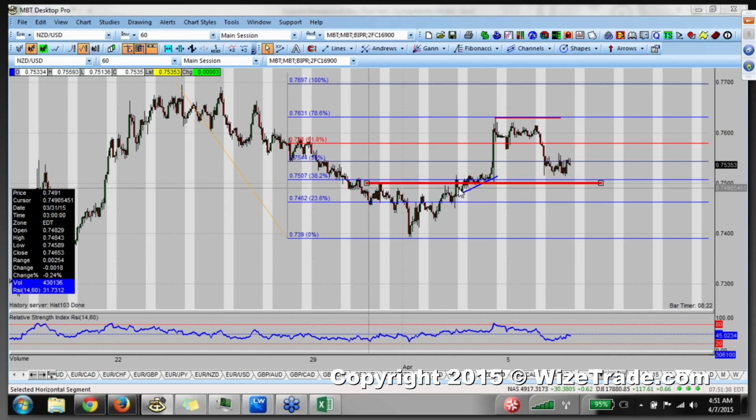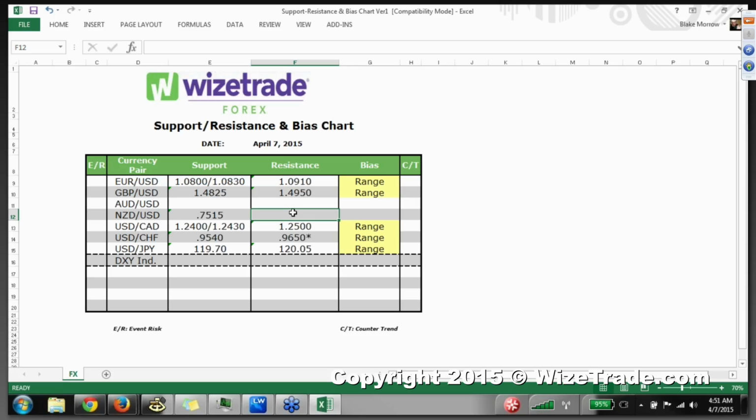It's probably more of this wedge that you see here. I originally thought it would be down where those lows are, or those highs, excuse me, but it's actually right here. So 75.15, 76.30.